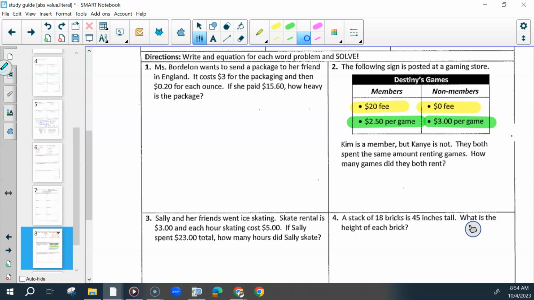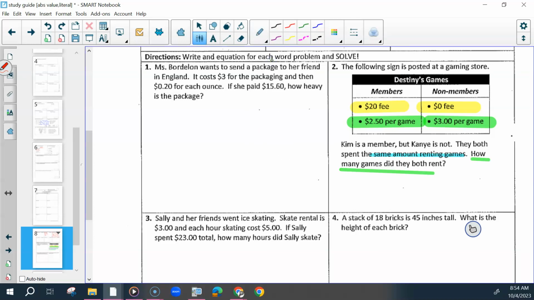This part is important enough to know that you're going to be using this and this, but not that important. What are we looking for? And this is very important. That they spent the same amount, because that's going to tell us how we're going to set it up, but then what we're looking for as well.